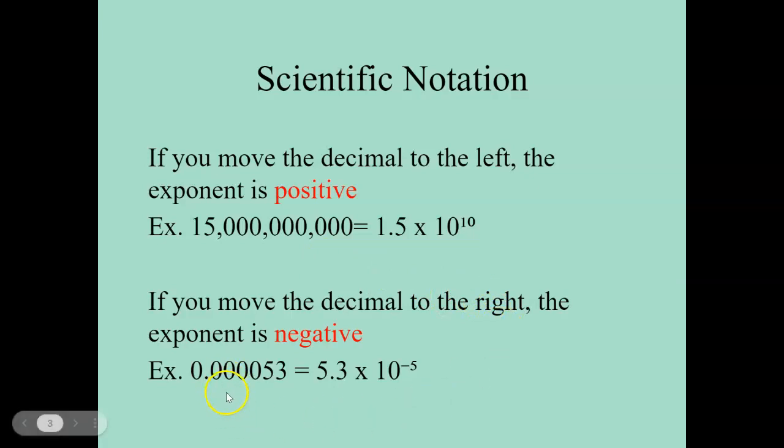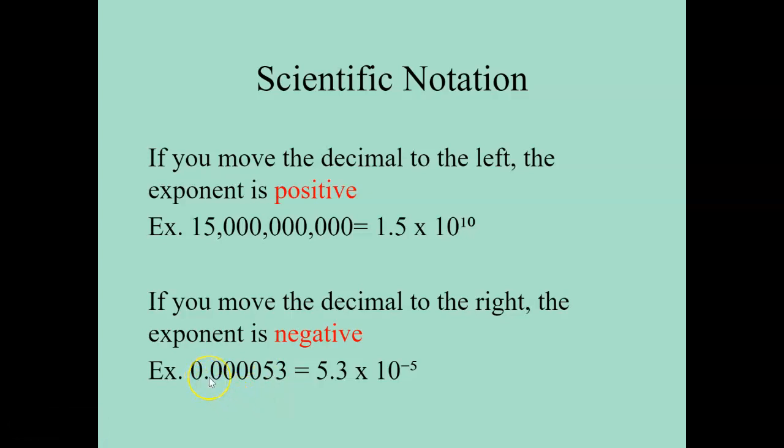So we're going to do the same thing even when we have small numbers, so really small decimals. We're still trying to get our first value between 1 and 10, and then of course our exponent can just be negative. So for example, here we have 0.000053. We have a 5 and a 3. If we want to get a number between 1 and 10, the decimal would have to go right here to give us 5.3.